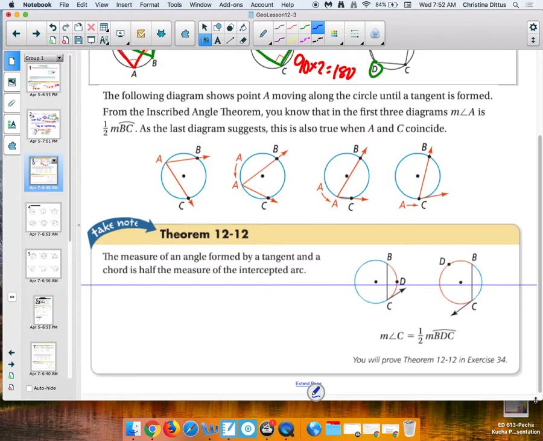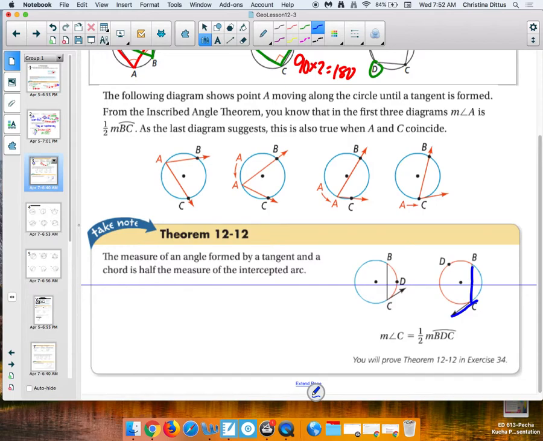Next theorem says the measure of an angle formed by a tangent. Remember, a tangent is a line that comes through and touches our circle in one spot. So the measure of an angle formed by a tangent and a chord, remember a chord is just anything that touches two ends of a circle, is half the measure of the intercepted arc.